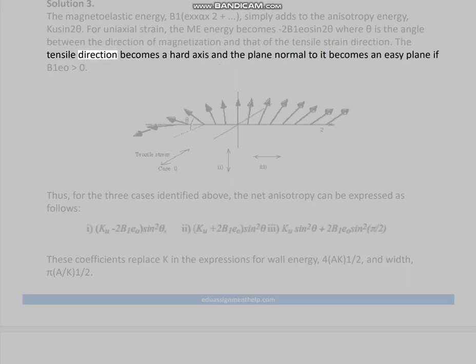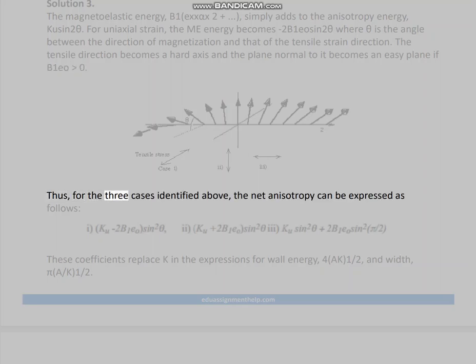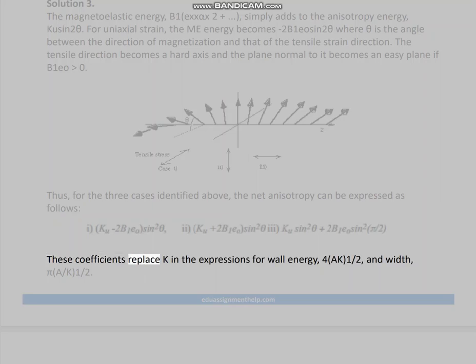The tensile direction becomes a hard axis and the plane normal to it becomes an easy plane if B1 epsilon is greater than 0. Thus, for the three cases identified above, the net anisotropy can be expressed as follows. These coefficients replace K in the expressions for wall energy, 4(AK)^1/2, and width, pi(A/K)^1/2.